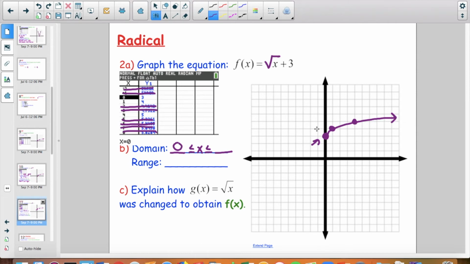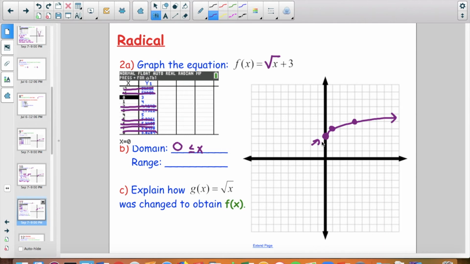That's what the arrow represents. So it goes on to infinity. Since it does go on to infinity, you can kind of forget about all of this and just leave this right here as your answer. So this is just saying that x is greater than or equal to 0, or 0 is less than or equal to x.